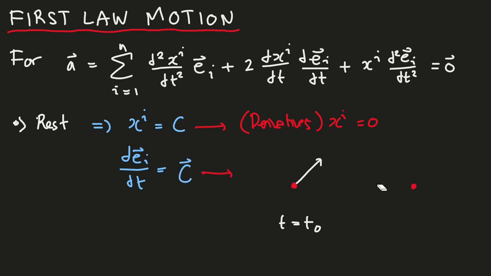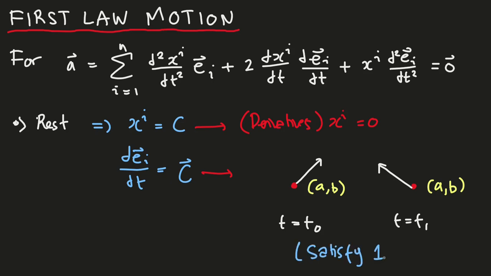As an illustration, let our object be at point A, B like this and have a direction of motion just like this at t equal to t0. And after a short time, now t equal to t1, our object is still at point A, B, but with a different direction, which satisfies the first law.